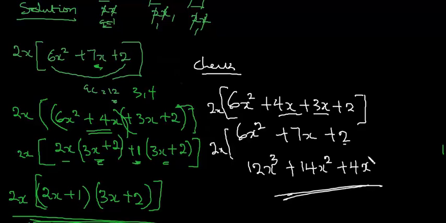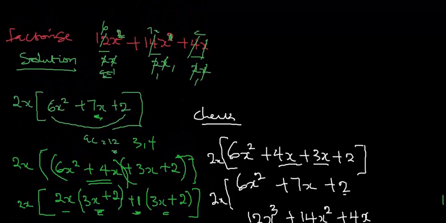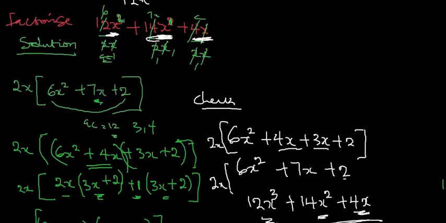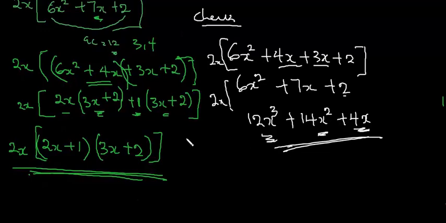When we look at the result of our expansion, let's check, is it the same thing as what we have here? Here we have 12x raised to power of 3. That's what we have here. 14x raised to power of 2. That is what we have here. 4x. That is what we have here. So our factorization is correct.